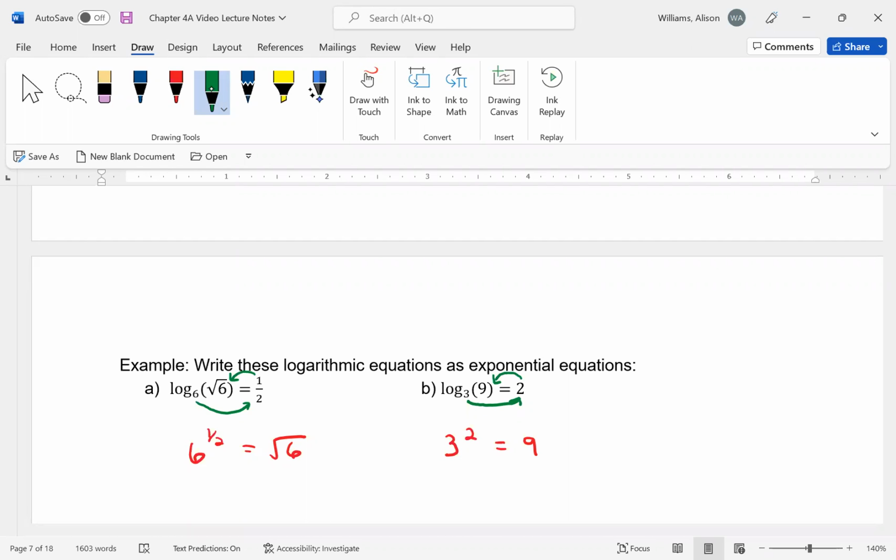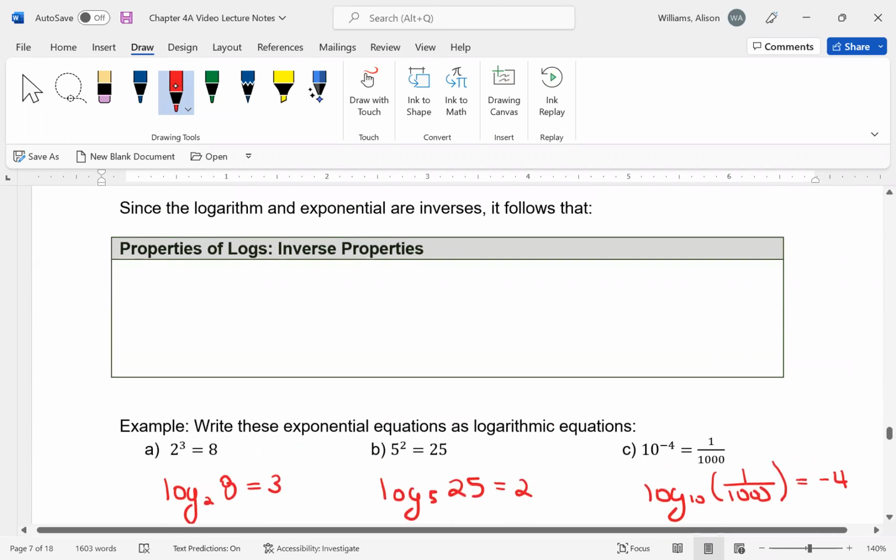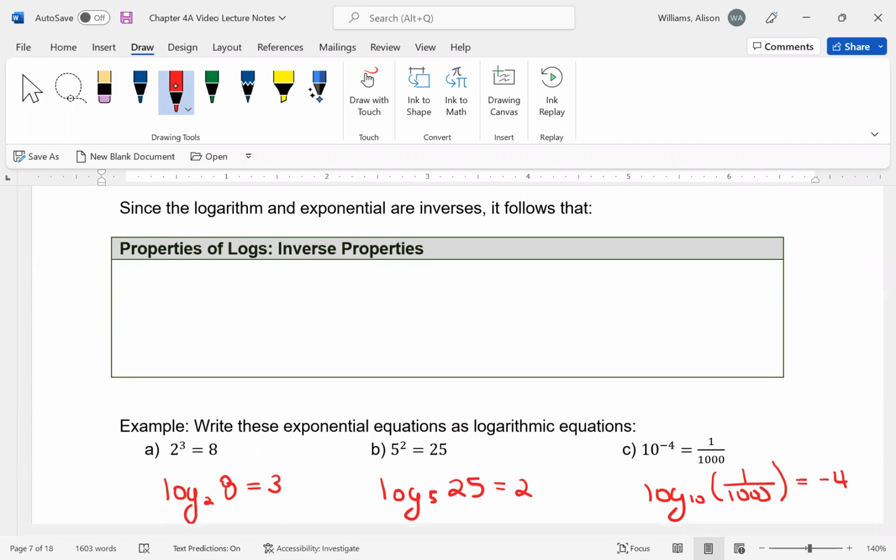Now we're more comfortable with exponential form because we know what that means, but the logarithm really is secretly exponential form. Okay, now I want to go back up and let's write the inverse properties that occur simply because the logarithm is the inverse of an exponential.